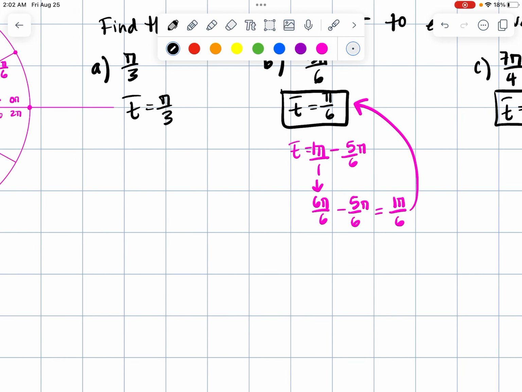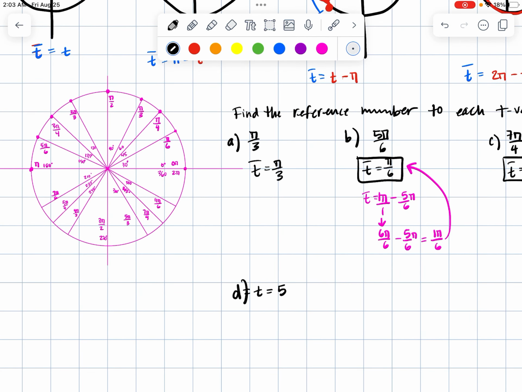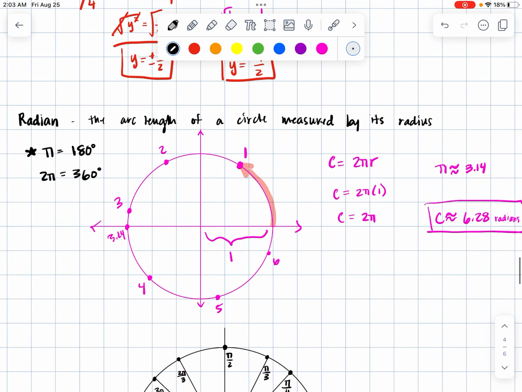Okay? Last example. What happens if, let's say D, t is equal to 5. Now, we haven't really talked about this in terms of a radian measure, but if you recall, when we talked about radians, they could be written in terms of pi, and radians could actually be in terms of a number.